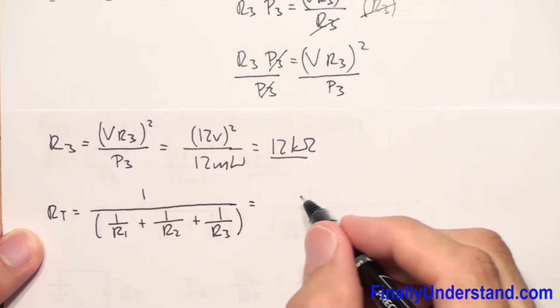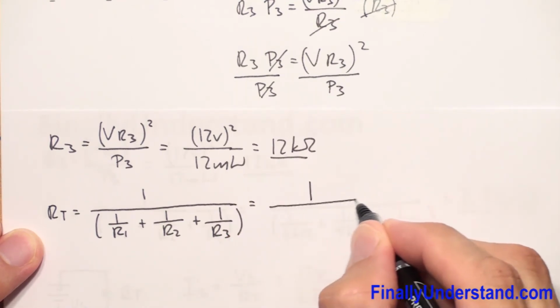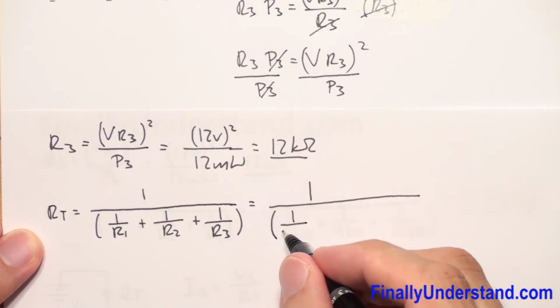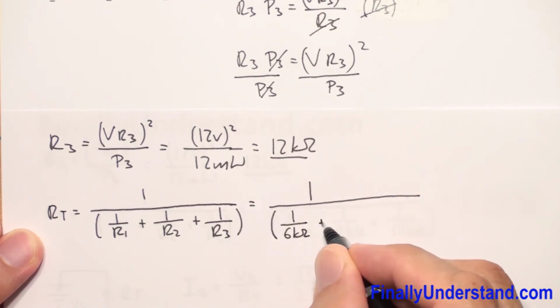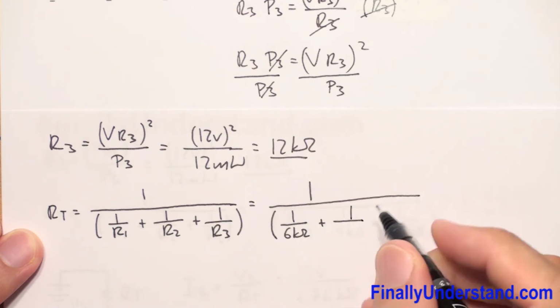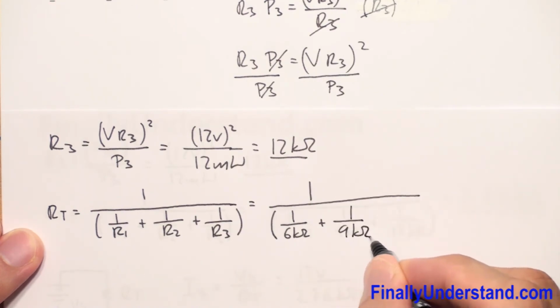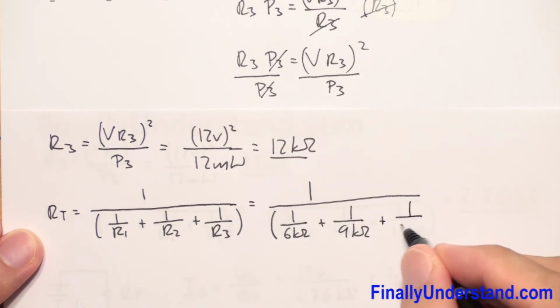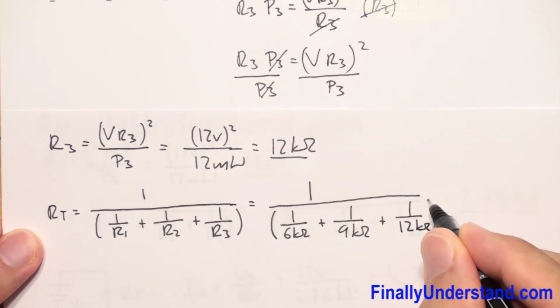This is equal to 1 divided by, open parenthesis, 1 over 6 kilo ohms plus 1 over 9 kilo ohms plus 1 over 12 kilo ohms.